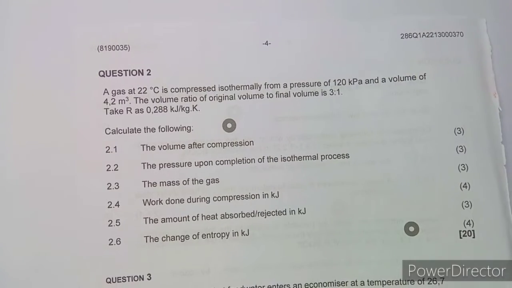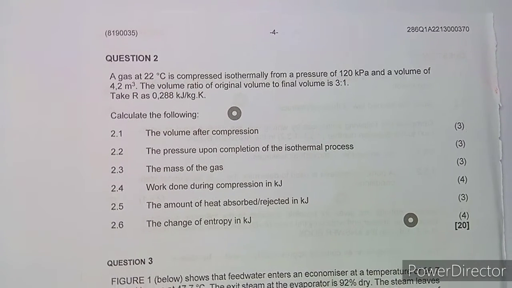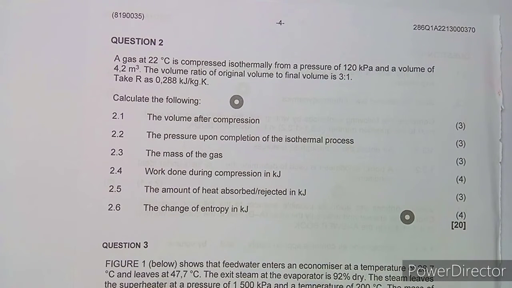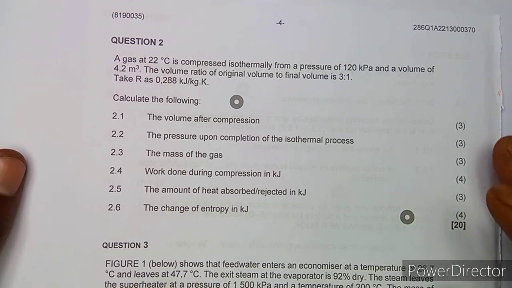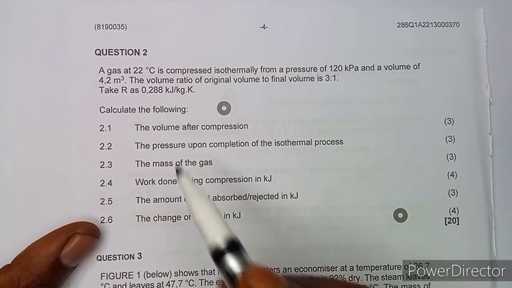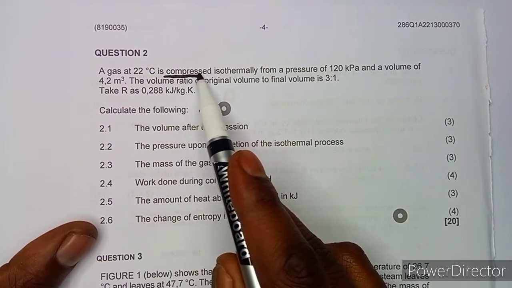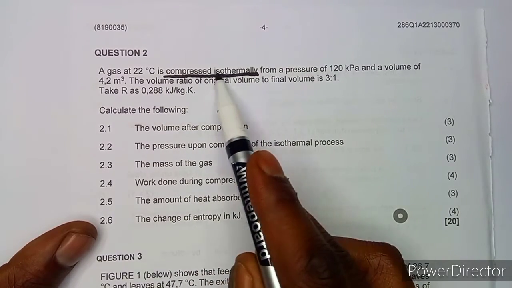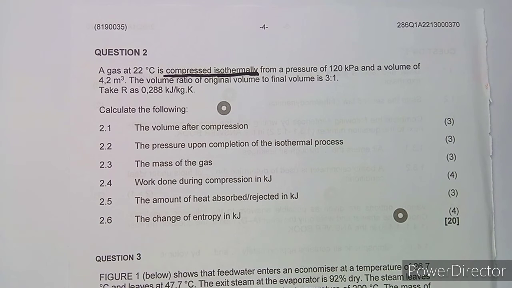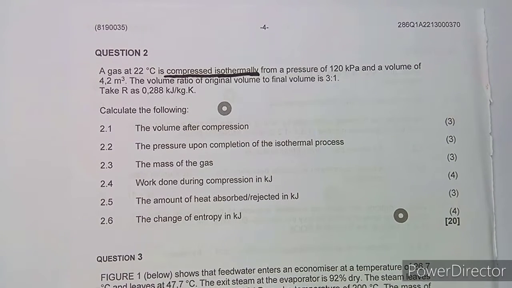Okay, so let's quickly move on to question number 2 now, on thermodynamics of gases, where we have a gas at 22 degrees Celsius that is compressed. Take note, the gas is compressed isothermally. Let us list our information, guys. This is an isothermal process, and it's a compression.